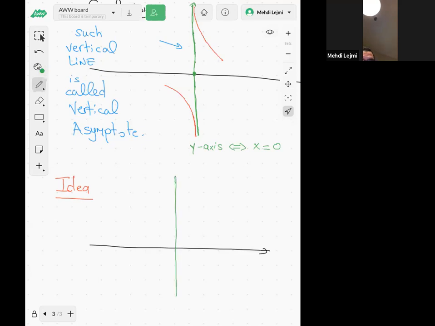And your graph is going to be very close, as close as you want, to this vertical asymptote, something like this here. It doesn't touch this vertical asymptote, very close to it, but it doesn't touch it, okay?